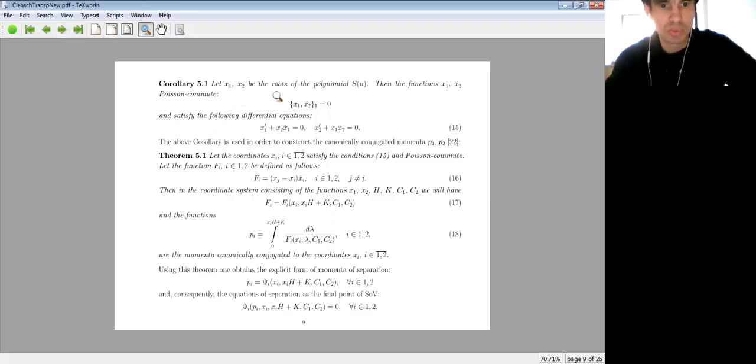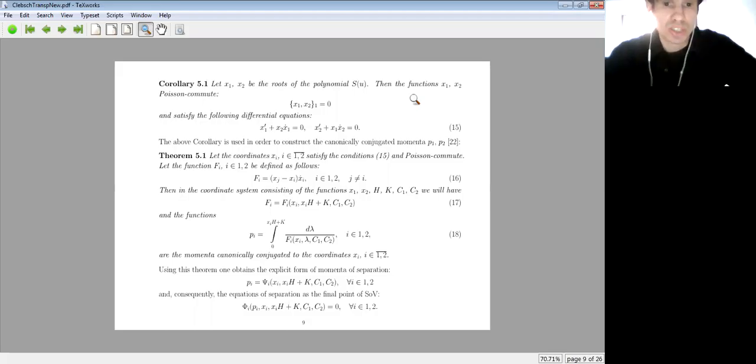The corollary of this proposition is the following. Let x1, x2 be the roots of the separating polynomial, defined as above. Then the functions x1, x2 Poisson commute and satisfy the following differential equations, equation 15. These equations are also the sufficient condition, together with Poisson commutativity, for the functions x1, x2 to be the separated coordinates.